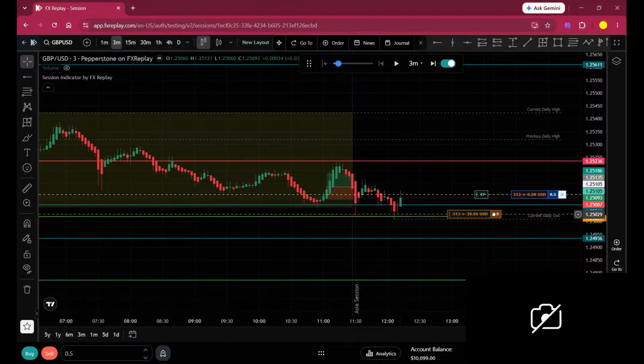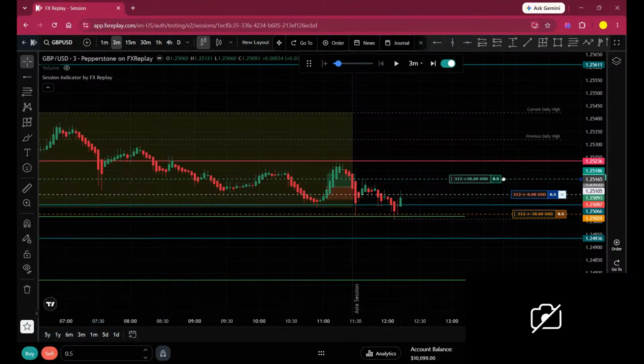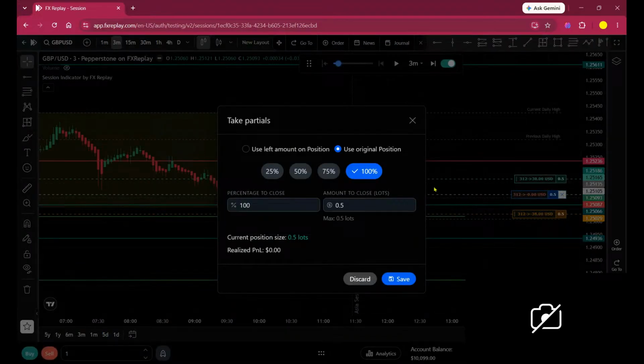Now second low. So I was saying to take a risk of $100, right? So now if we take a risk of $100, let's close this one.